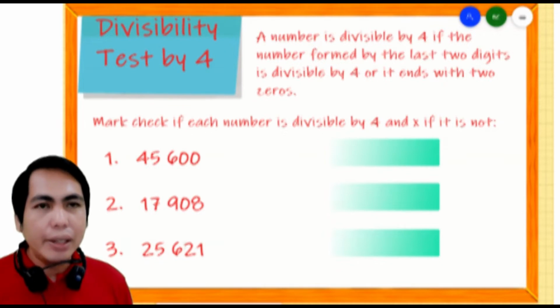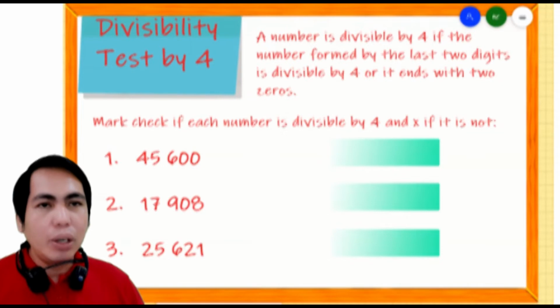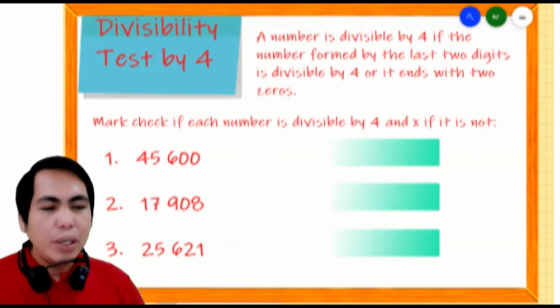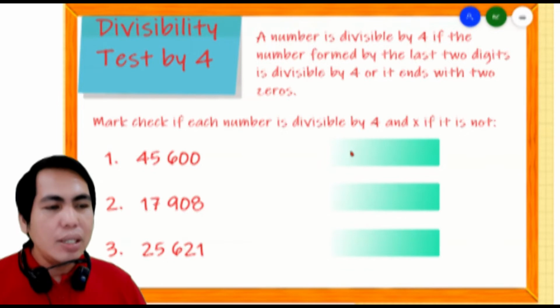So let us identify whether the following numbers are divisible by 4 or not. Example number 1: 45,600 is divisible by 4 because it ends with 2 zeros, or the last two digits are zeros. So this is a check.